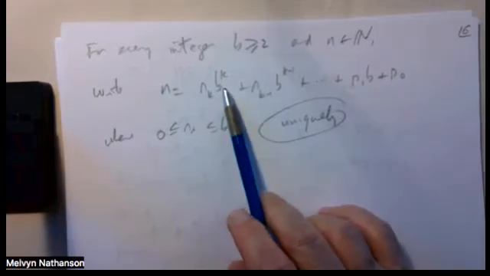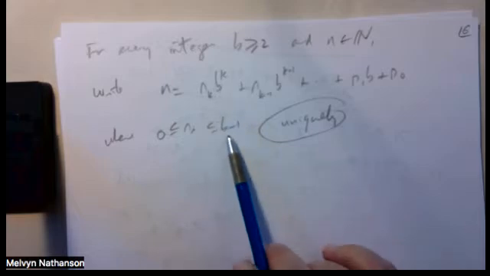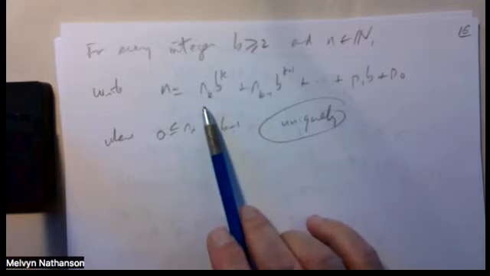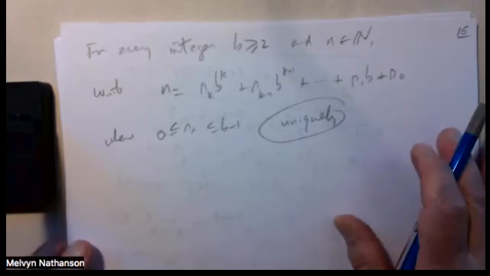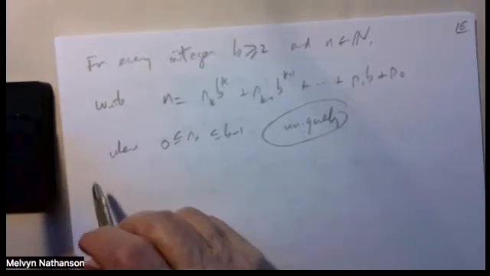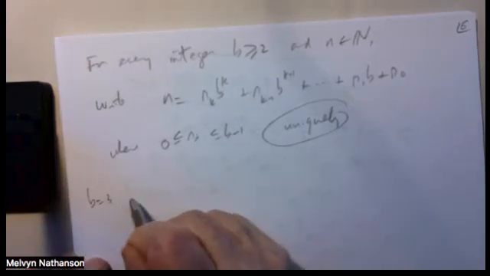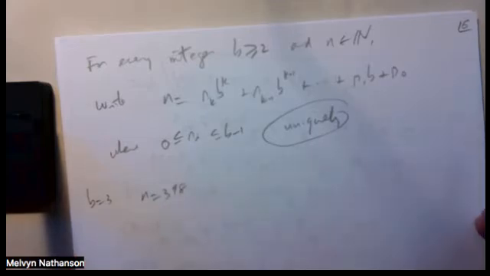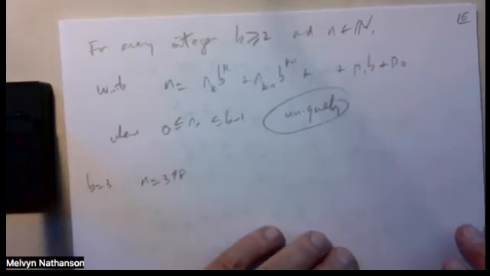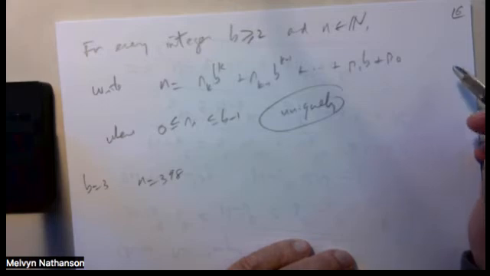So if you take b equal 2, b minus 1 is 1, so the coefficients are just 0 and 1. But let's just do the same example we did a moment ago, but suppose we take b equal 3 and n equal to 398. So I want to write 398 as a sum of powers of 3.